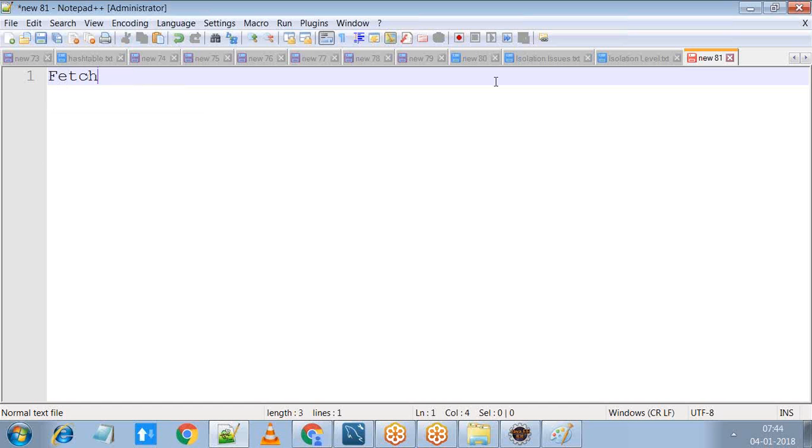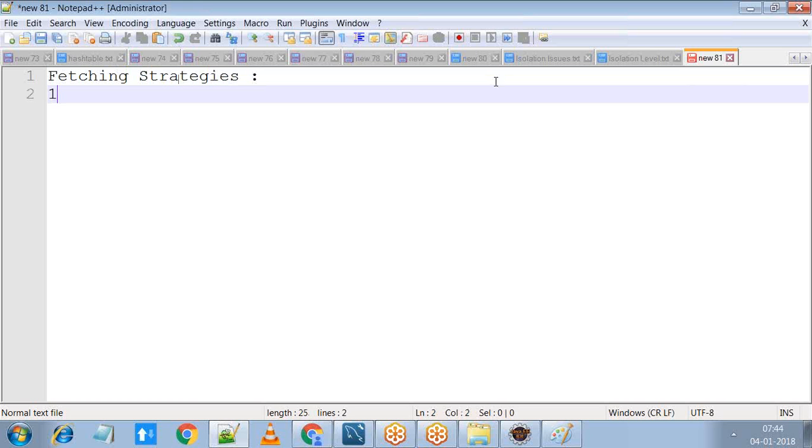Next, I would like to talk about fetching strategies. What are fetching strategies? Fetching strategies basically talk about the way the records are fetched from the database server.